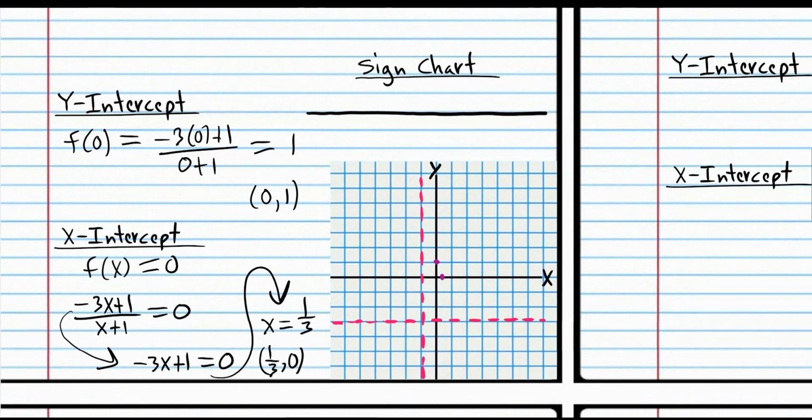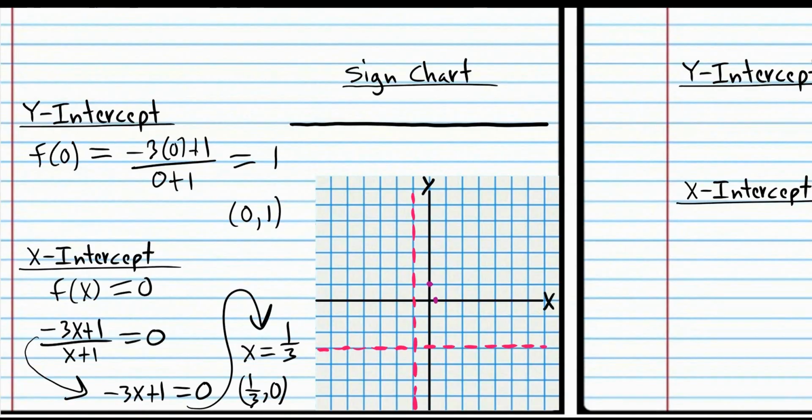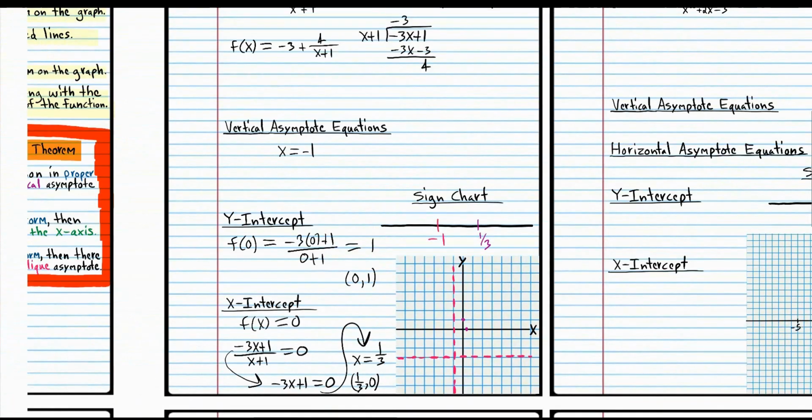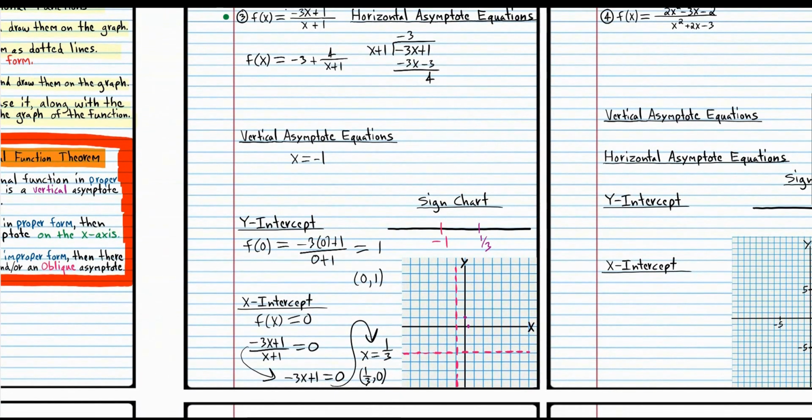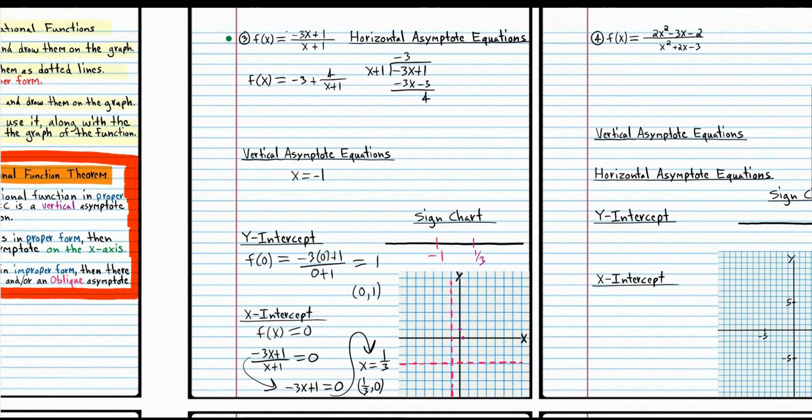Okay, so now we can draw a sign chart. And so let's plug in -2. If you plug in -2, we get a negative number, -7. And we can actually plot that.